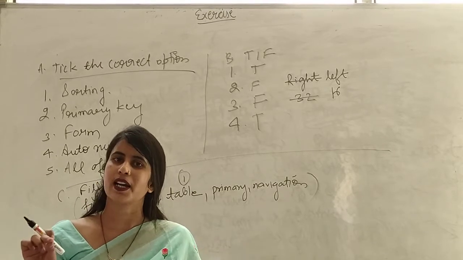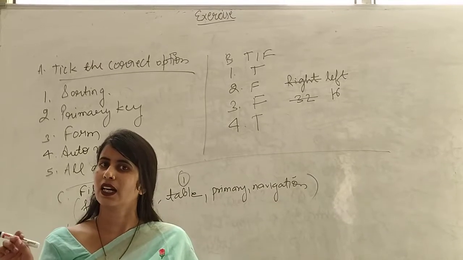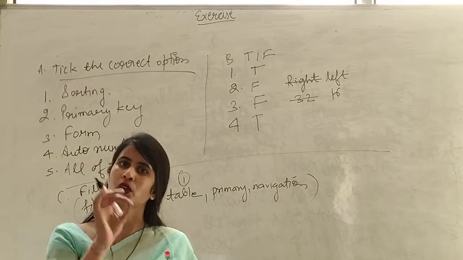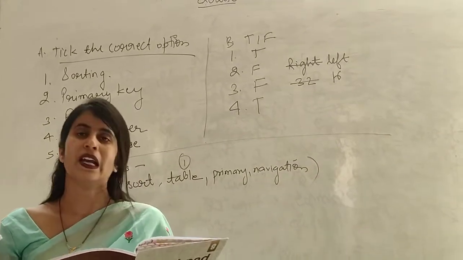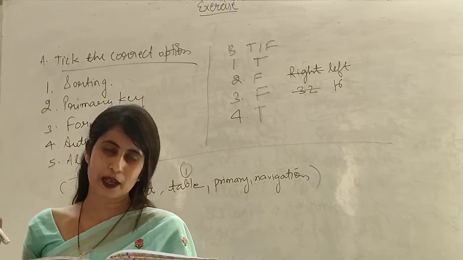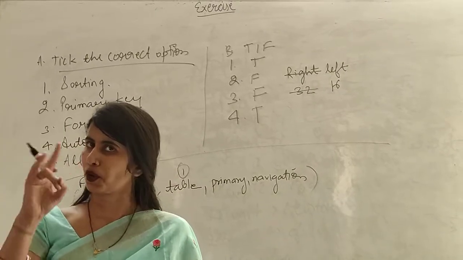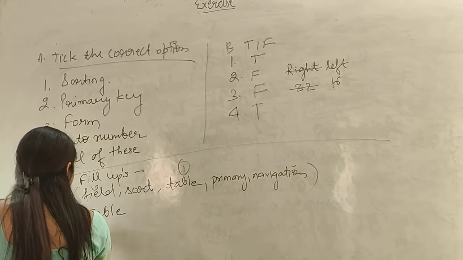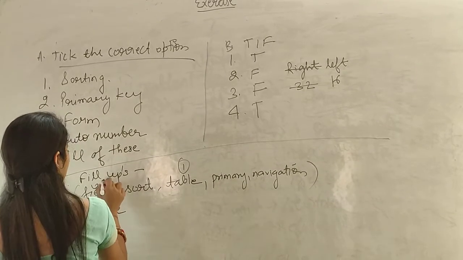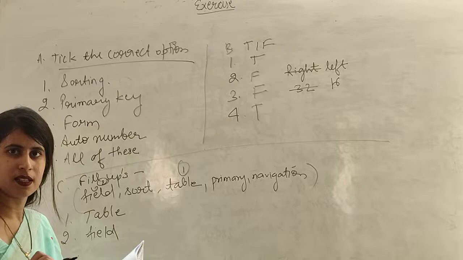Record and R starts with the letter R, so it is easy to learn, and then column represents fields. The columns in a table represent fields and rows represent records. So field will come. This is the second answer.